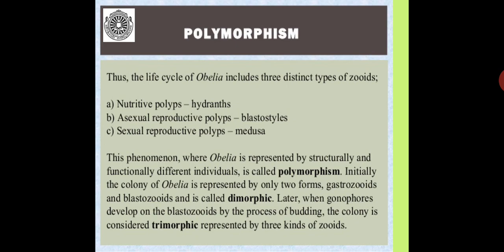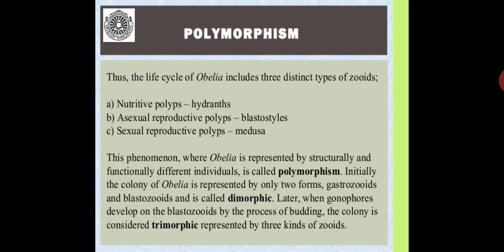Coming to polymorphism, the life cycle of Obelia includes three distinct types of zooids. Number one, nutritive polyps, that is hydranths; number two, asexual reproductive polyps, that is blastostyles; number three, sexual reproductive zooids, that is medusa. This phenomenon, where Obelia is represented by structurally and functionally different individuals, is called polymorphism.